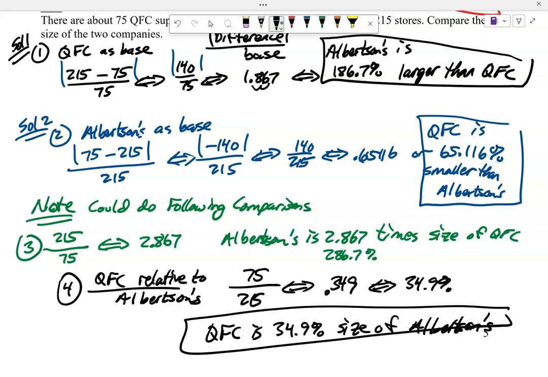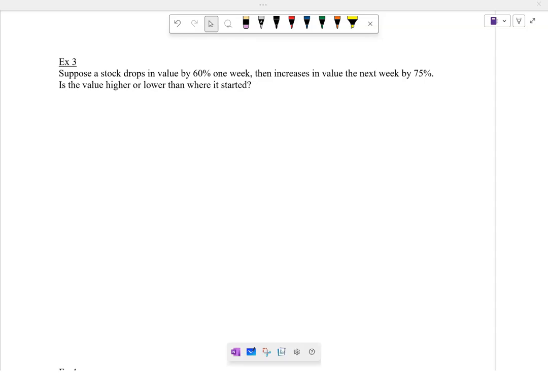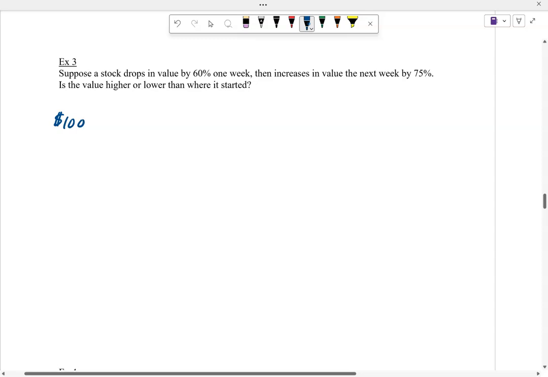That's another one. Let's suppose, you guys, that we got a stock here that drops in value by 60% and then increases by 75%. Do you think that thing is higher or lower than where it started? And let's suppose it was a $100 stock.